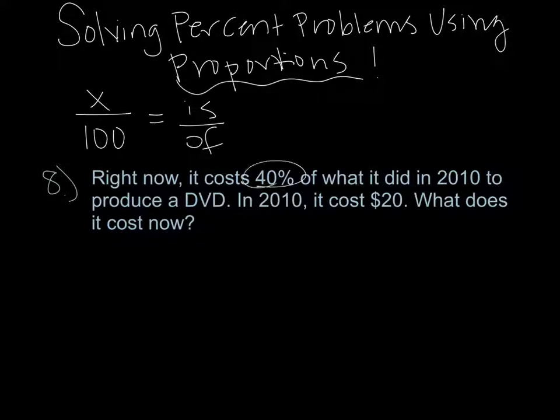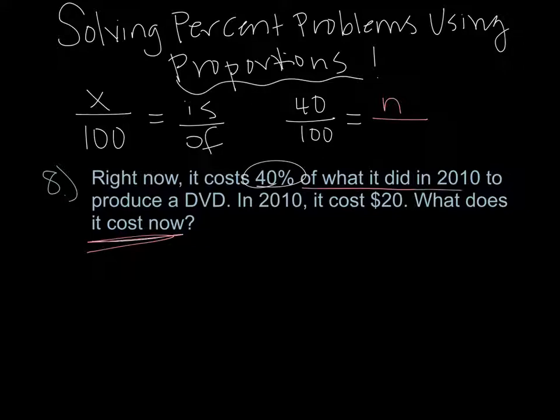So 20 over 100 equals, okay, we have to find our is and we have to find our of. Right now, we don't know what it is. But we do know in 2010, of what it did in 2010, it was 20 then.